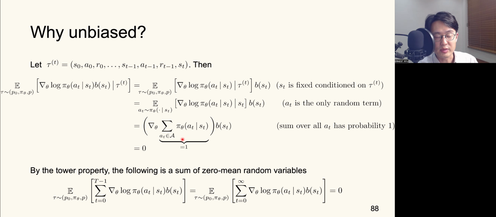Using the same argument as before, if we evaluate this quantity, we get gradient of 1, which is 0. So this term contributes 0 mean, and we again use the tower property and sum all of these. This becomes a sum of 0 mean random variables, and as a result, they don't contribute to the mean.